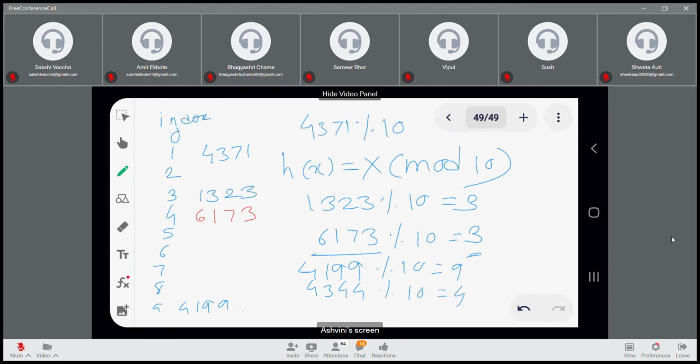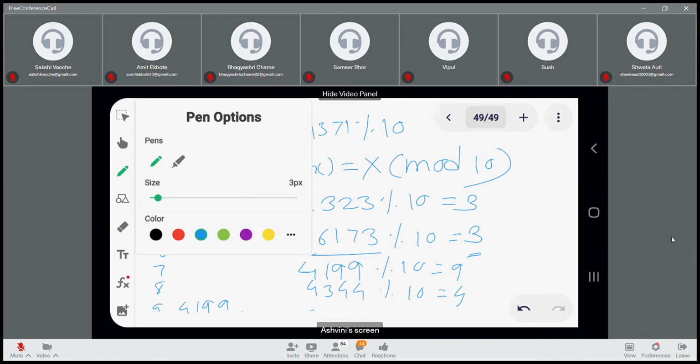Okay, but 4 is not empty. 4 is already occupied by 6173. So again for placing 4344, we need to find out the next empty position. So next empty position is 5. So I am going to place this 4344 at index 5. Got this?